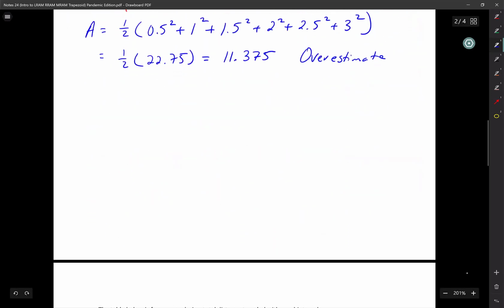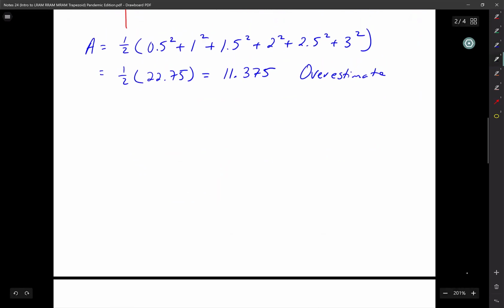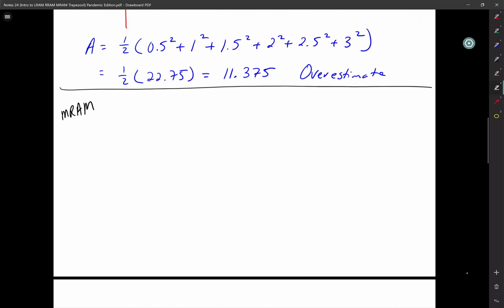And now we're going to do MRAM. And what color do you guys want me to use? I don't have pinkness. Actually, yeah, I do have pink. It's very light. Okay.